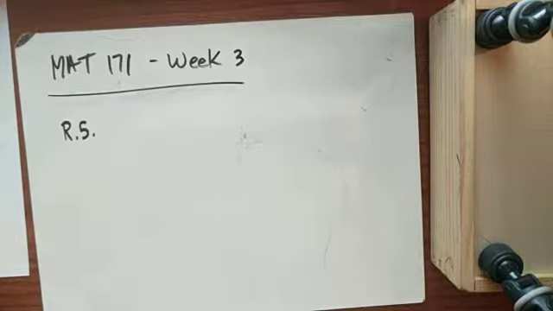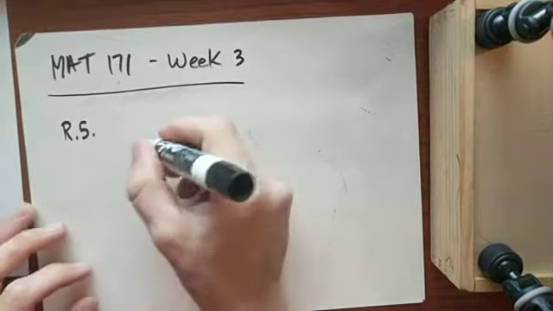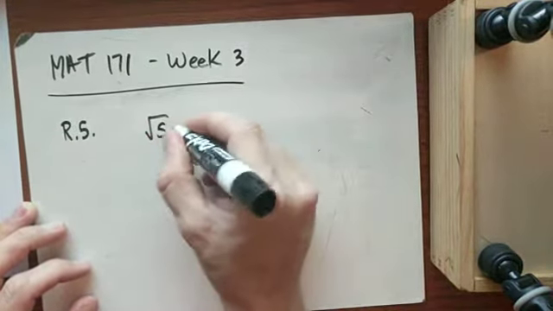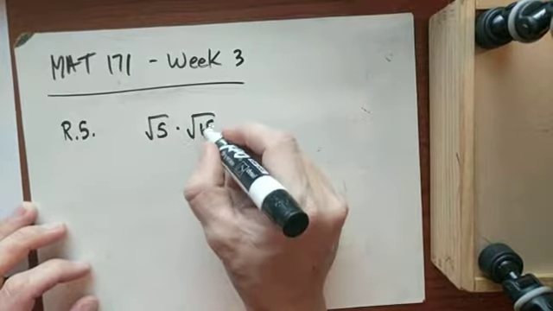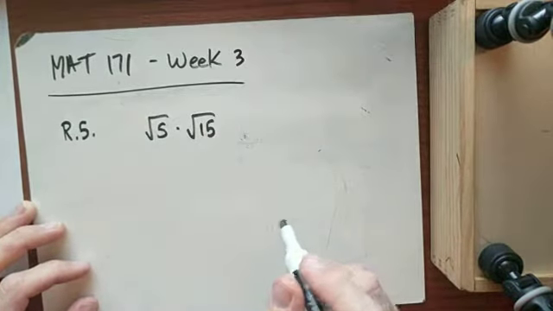So, for example, how do you multiply the square root of 5 times the square root of 15 and simplify the answer?